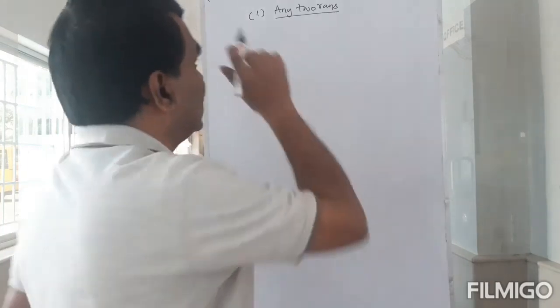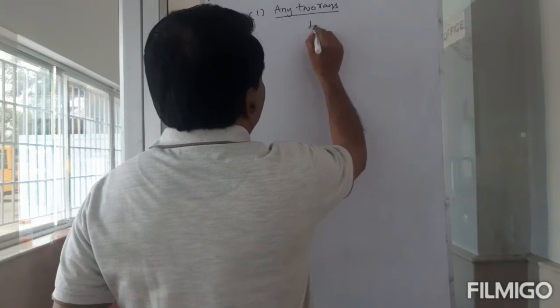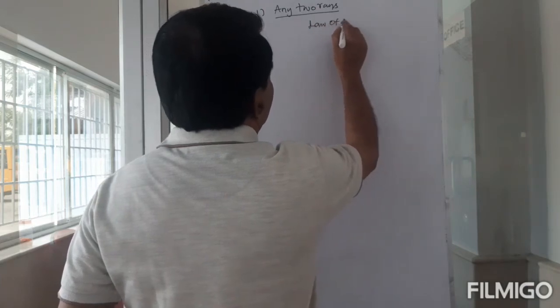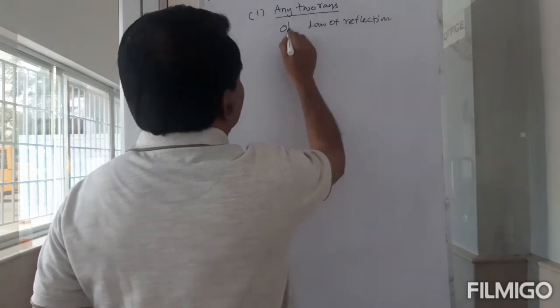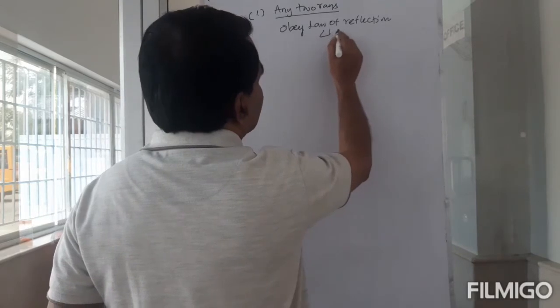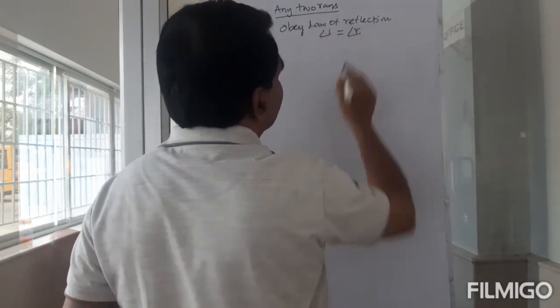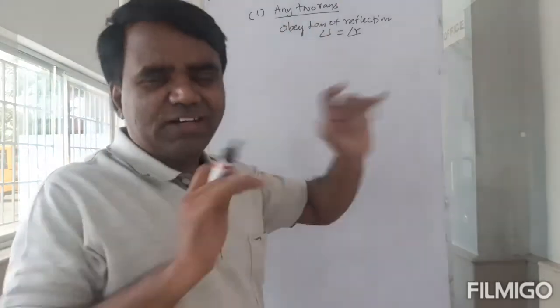That's all. But they need to obey the law of reflection, meaning the angle of incidence is equal to the angle of reflection. Then you don't have to worry about anything else.